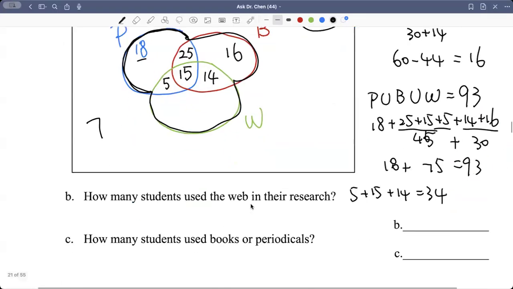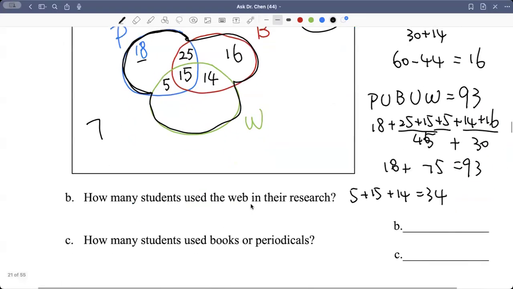Do we have C? Oh yeah, the C part. See how many students use the books or periodicals. That means we need to find B union P, because it's an or, a union.